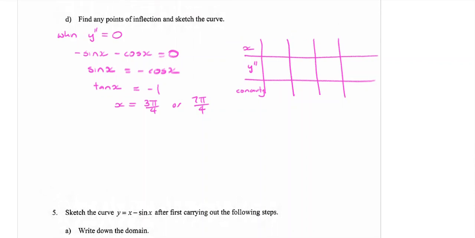I've got 3 pi over 4 and 7 pi over 4, and I need to check what's happening around them. Can I go to 0? Probably better not go that far. So how about we just go over to pi over 2 here. 6 pi over 2, that'd be 3 pi over 2 in the middle, and 2 pi on the end. Just filling in the gaps.